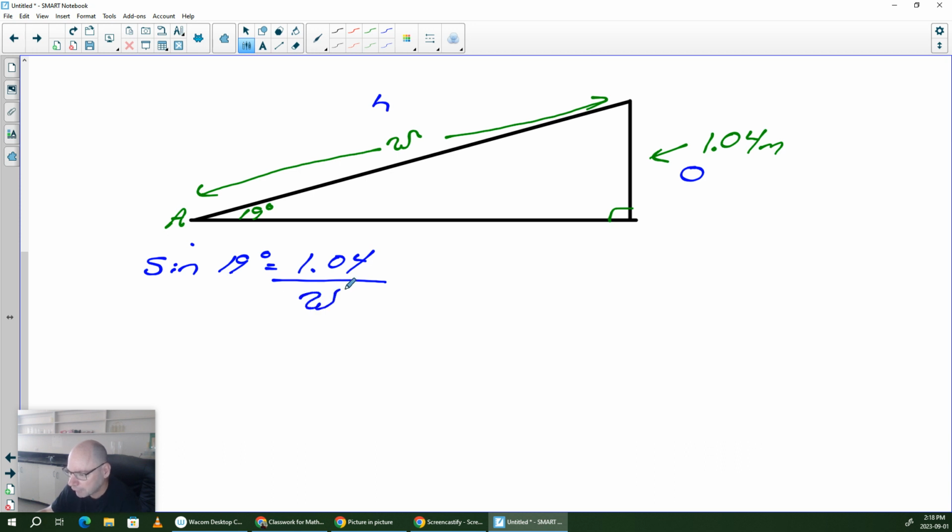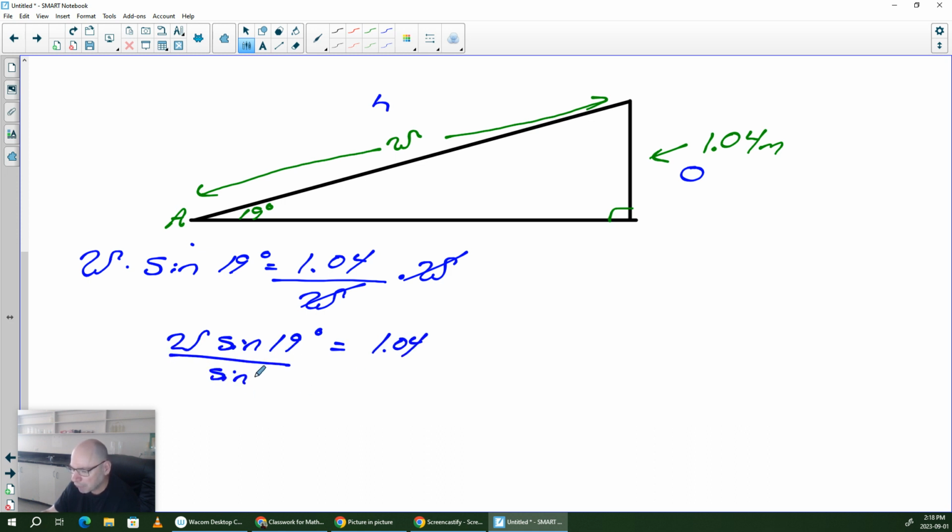W. So we have our problem here. We multiply W to get it off the bottom of a fraction. So then that would mean W sine 19 is equal to 1.04 meters. So we're going to divide out sine 19 on both sides.